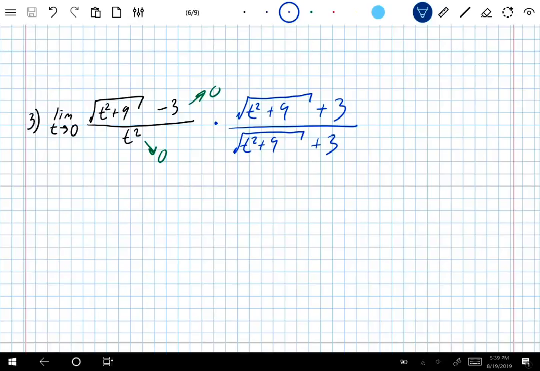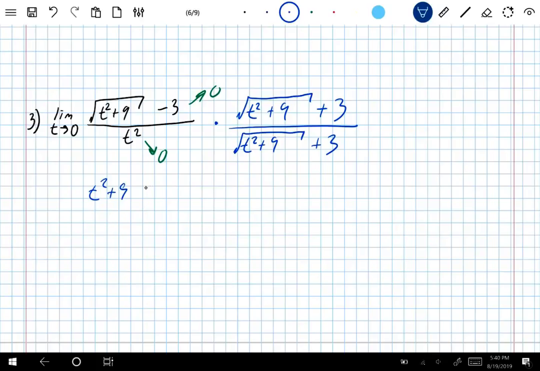When I multiply by this conjugate, I need to FOIL it out. I'll do that real quick here. On top, I get this times this. When I multiply a square root by itself, I get a t squared plus 9. I'm only going to do this long way once here.